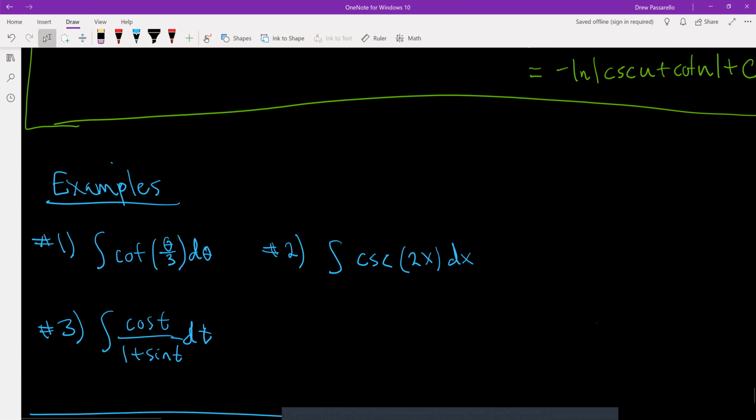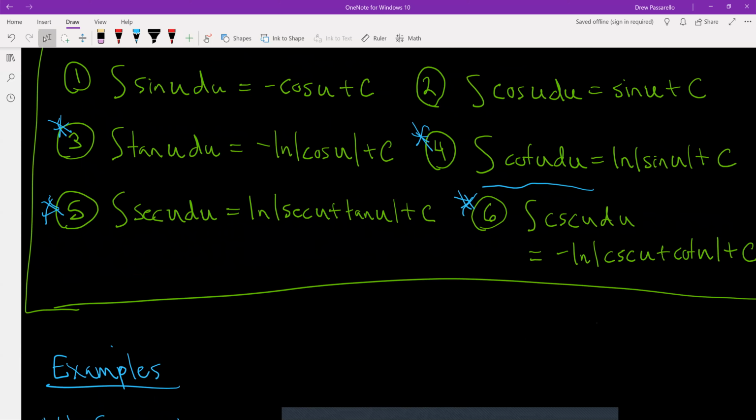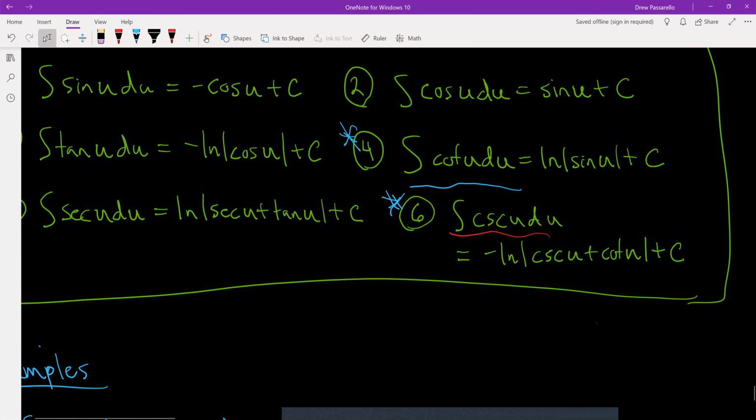All right, so similar logic is going to be applied to number 2. It's cosecant of 2x. So I'm going to use the integral that involves cosecant. So it's this one, and that turns into negative natural log of cosecant plus cotangent.